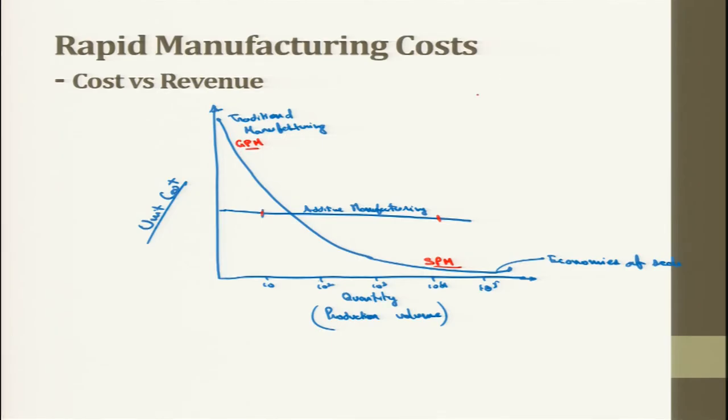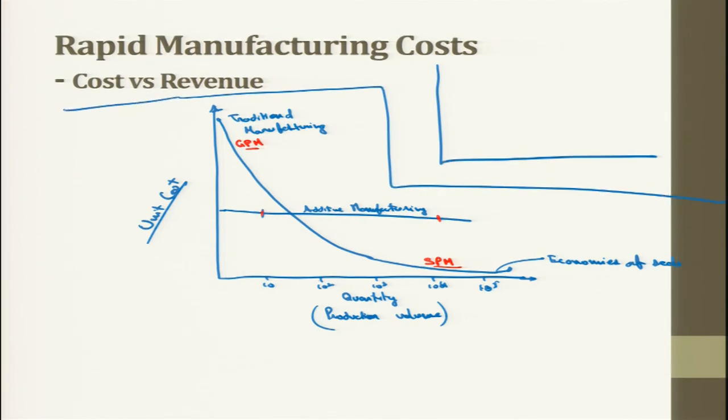If we consider the complexity of the parts, let me draw another curve here. This is again the unit cost, and this is complexity in design. In traditional manufacturing, the more complex the design is, the higher the cost.